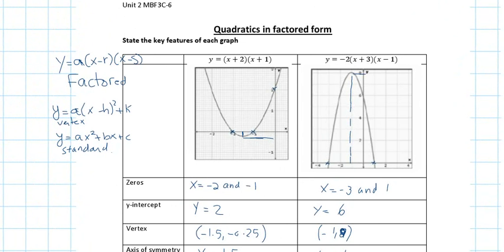The r and the s represent your zeros. And I have minus minus 2, which makes a positive 2. Minus minus 1, which makes a positive 1. So your zeros, you can get them from the factored form. If it's already in factored form, you can tell me what my zeros are by just looking at the equation and giving me the opposite sign.